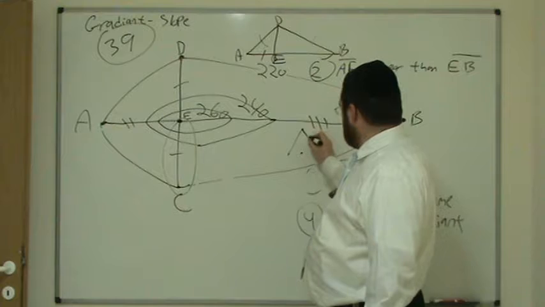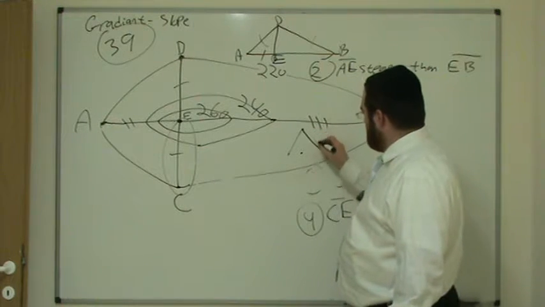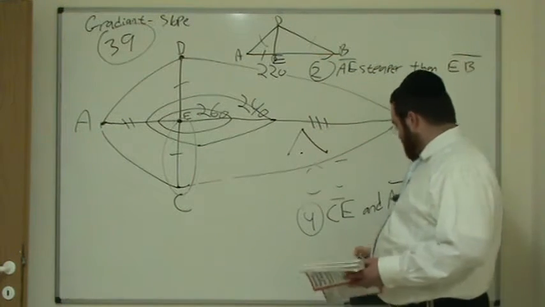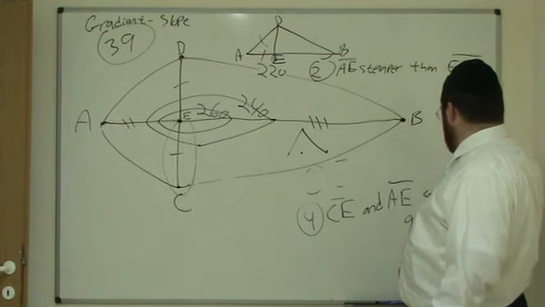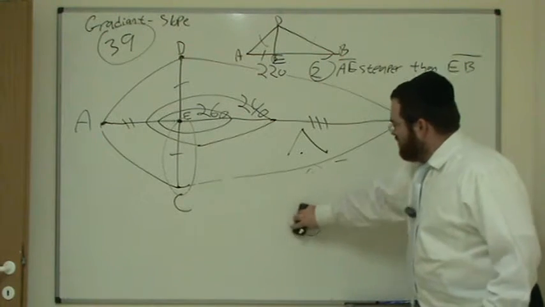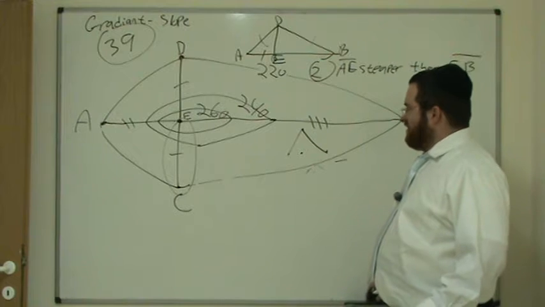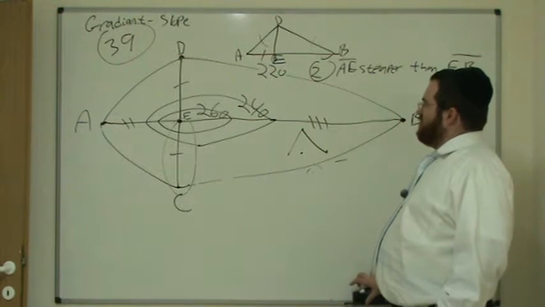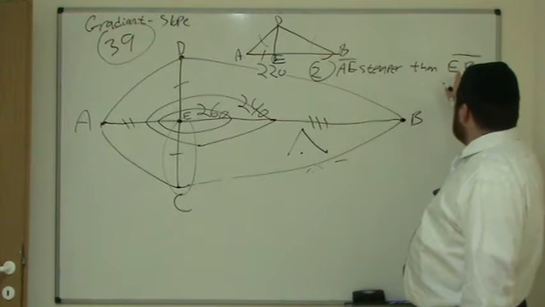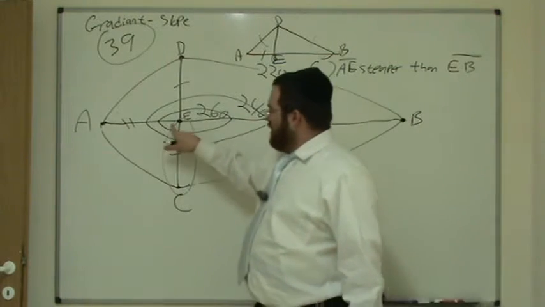If you do it in a longer distance, you're not going down such a steep hill. So CE and AE do not have the same gradient. The only correct answer to this question is answer 2, that AE has a steeper gradient than EB.